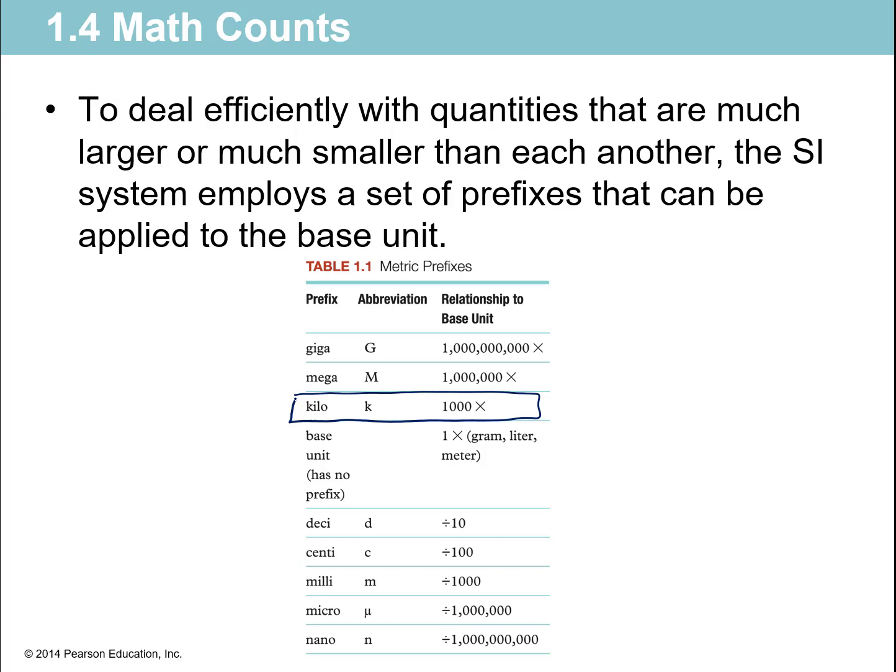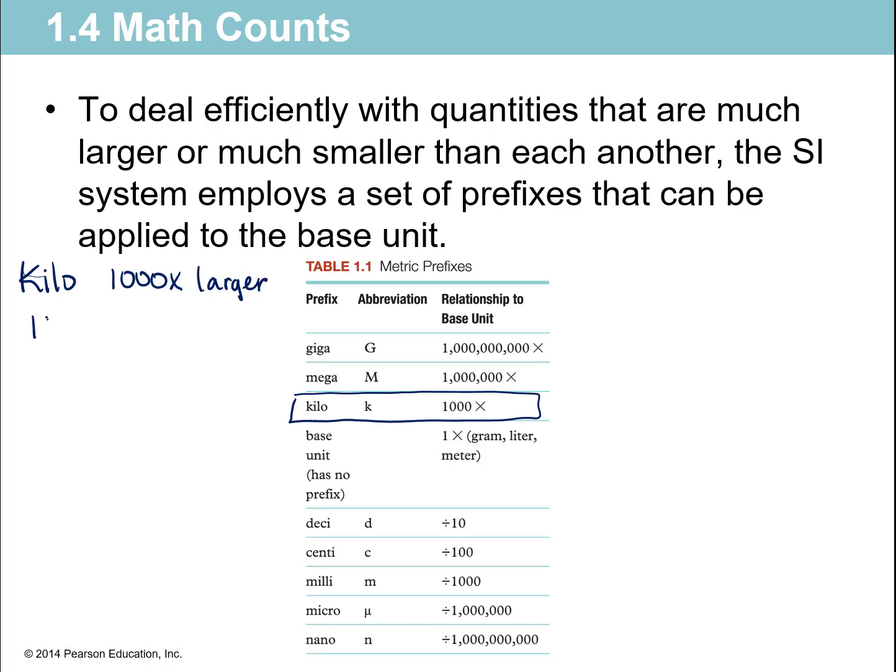But it's pretty common to see kilo as a prefix. So the term kilo, K-I-L-O, put in front of a gram, meter, or liter becomes a kilogram, a kilometer, or a kiloliter. And what it means is that it is 1,000 times larger than the base unit being gram, meter, or liter, the prefixless base unit.